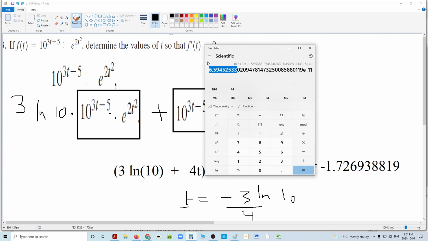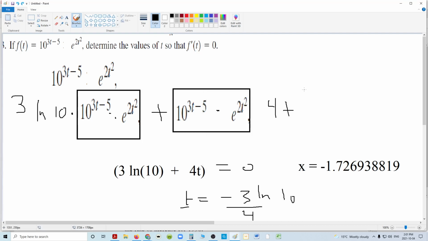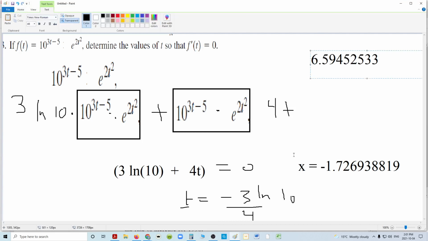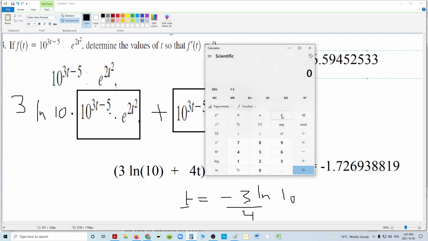Get this weird number here. So that's one of the y values. And then if I take the other one, and I take e, and I put it to the power, open brackets, of 2 times that squared, close brackets, equals, ooh, I get a huge number.